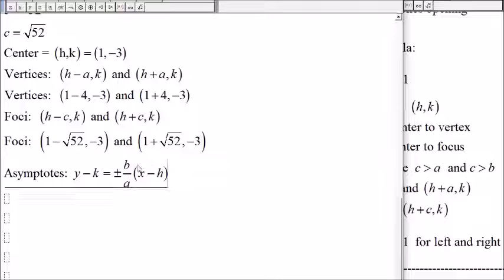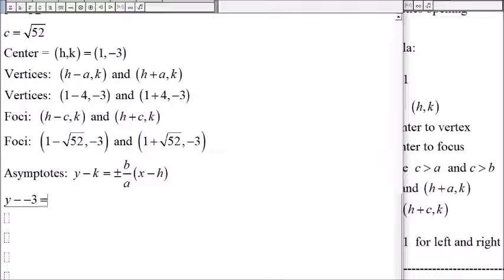So one more time, if the branches open left and right, the slope for the asymptote lines will be b over a. But if the branches open up and down, then the slope for the diagonal lines or for the asymptote would be a over b.